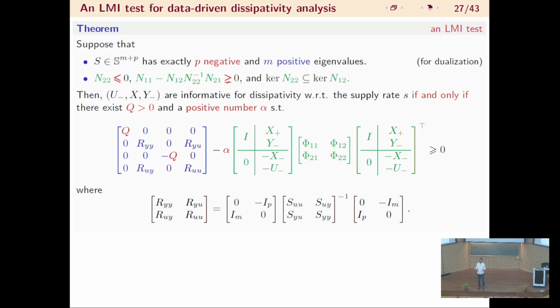It's just greater or equal to 0. But thanks to this particular assumption that S has exactly P negative and M positive eigenvalues, first one can prove that if the data are informative for dissipativity, then the storage function needs to be positive definite, which I totally skipped. Once it is proven, then you can also prove that this is, it's just that Q is P inverse.